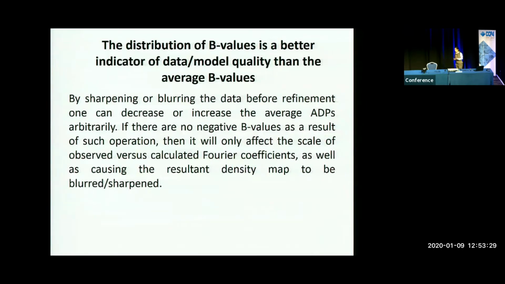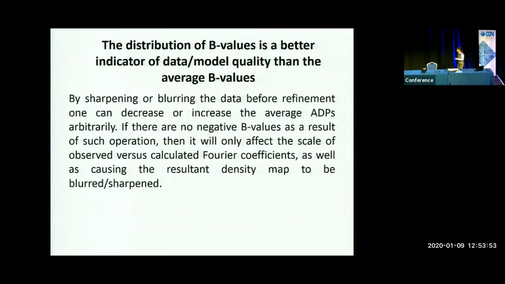By sharpening or blurring the data before refinement, one can increase or decrease the average arbitrarily. If there are no negative B-values as a result of such an operation, it will only affect the scale between observed versus calculated Fourier coefficients, as well as causing the resultant map to be blurred or sharpened.